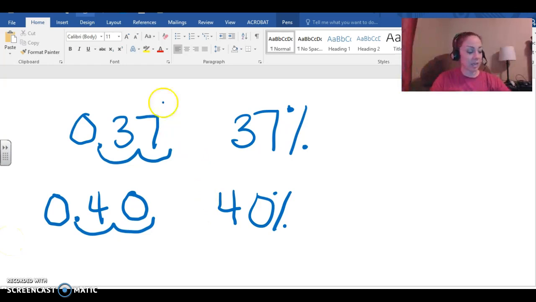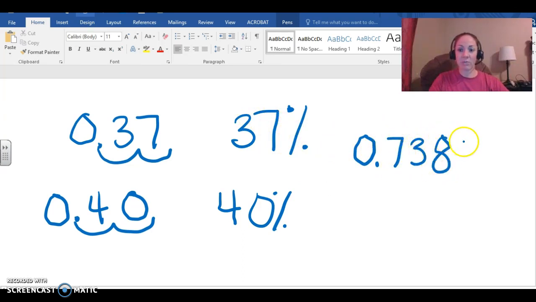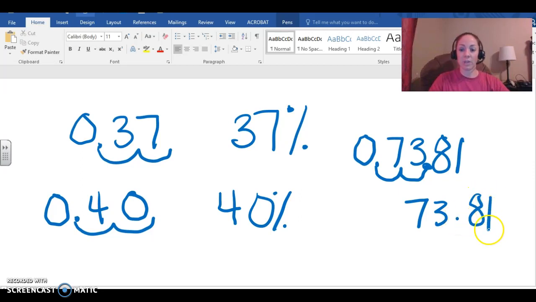You do the same thing even if you have a decimal such as 7,381 ten-thousandths. Don't let those extra numbers freak you out, you guys. All you do is move the decimal point over 2 places, and you wind up with 73.81%. Not too tricky, huh?